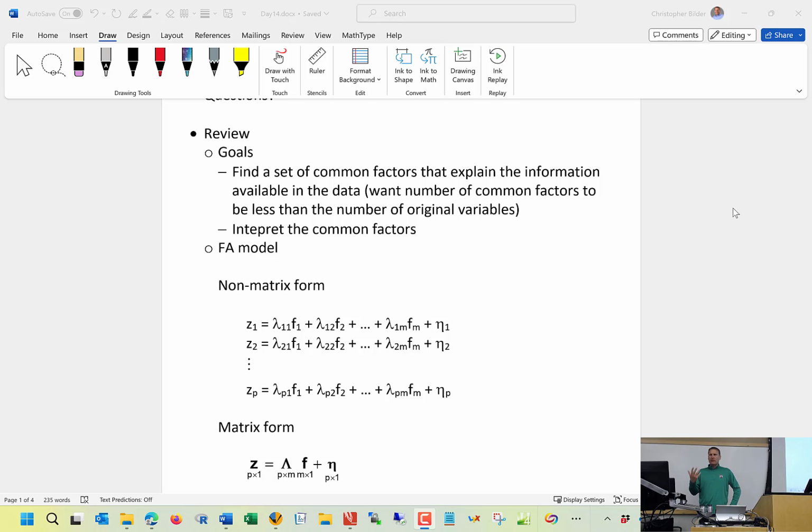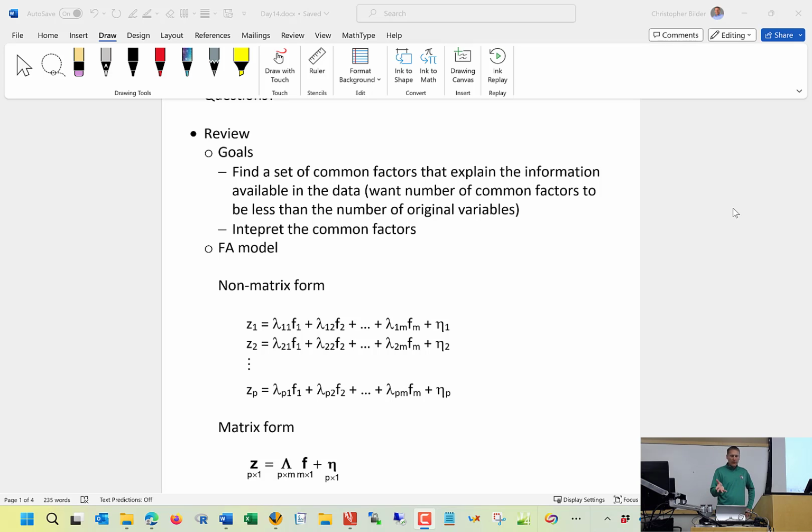terminology, ways to present the model. So why don't we just begin spending maybe 5 to 10 minutes just reviewing what factor analysis is, reviewing the terminology behind it. So again, the goal is to find a set of what we call common factors that explain most of the information that's available in our data.